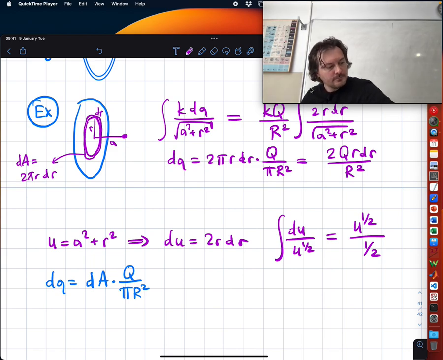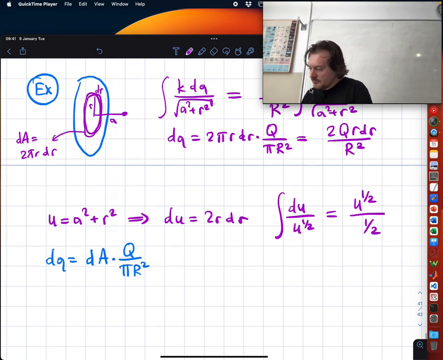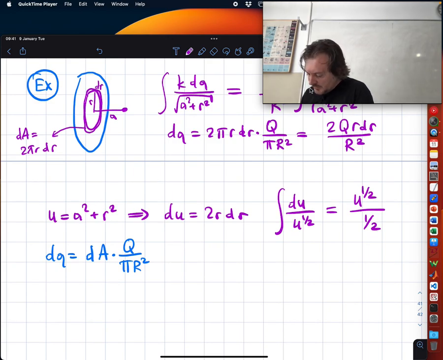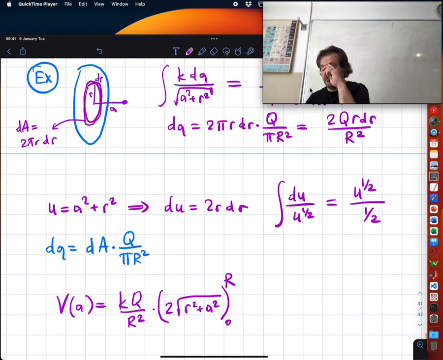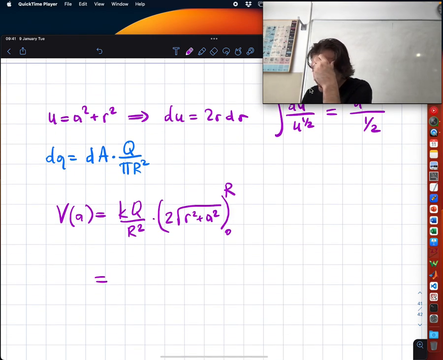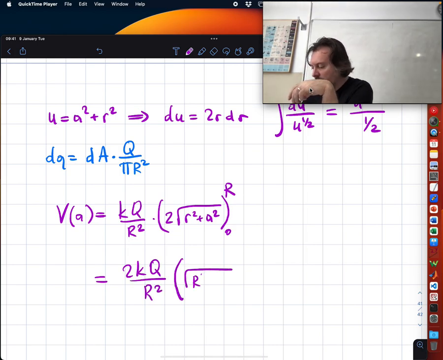All right. So what is the total potential at a distance a? It's basically kq over r squared times 2 times square root of r squared plus a squared, evaluated at 0 and big R, which gives you 2kq over r squared times square root of r squared plus a squared minus a.